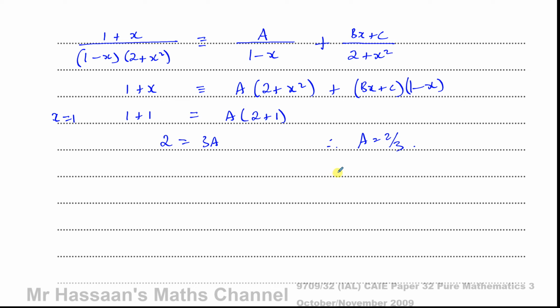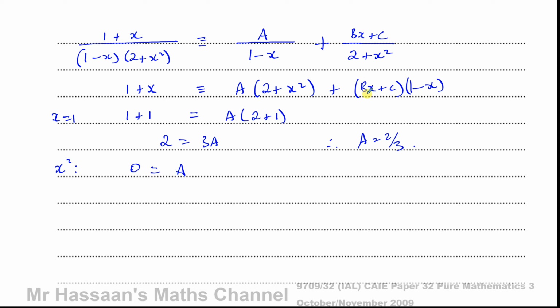So what I'm going to use is what's called comparing coefficients. Now the highest power of any term in here is going to be x squared. So I'm going to compare the coefficient of the x squared terms. On the left side of this identity, I don't have any x squared term. That means the coefficient of x squared is 0 on this side. And on this side, when I multiply this bracket out, I'll have a times x squared, so you're going to have an a.